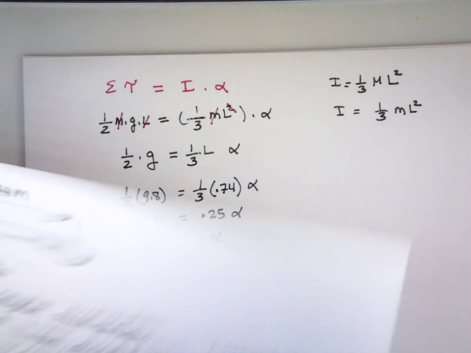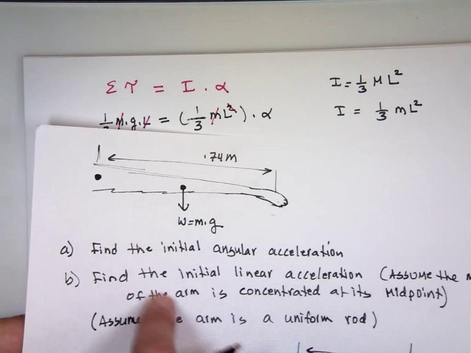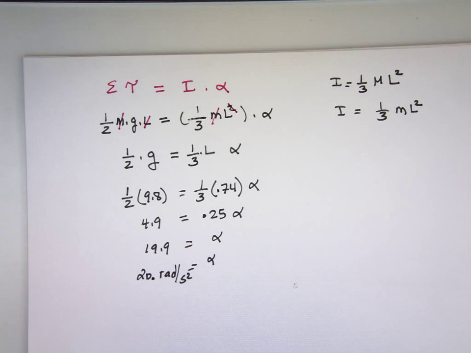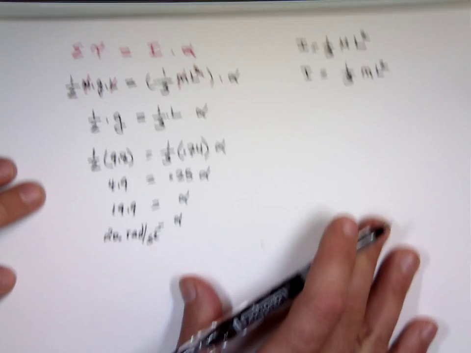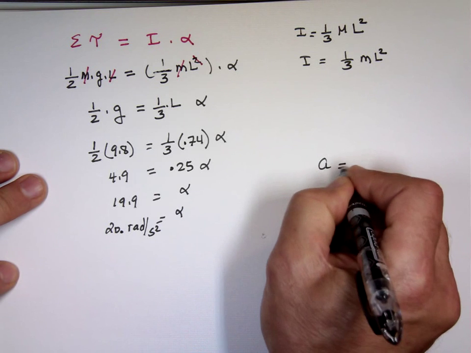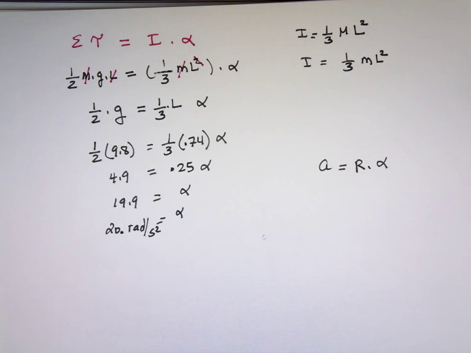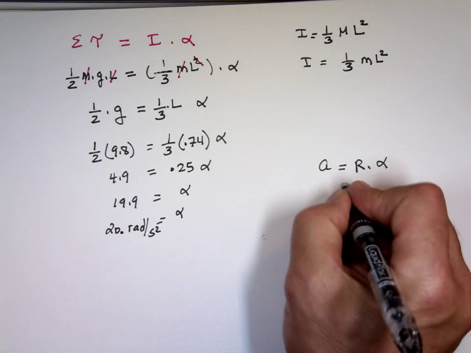That's the angular acceleration. Next part, what's the linear acceleration? The linear is what? A equals R times alpha. R is actually the length of your arm.